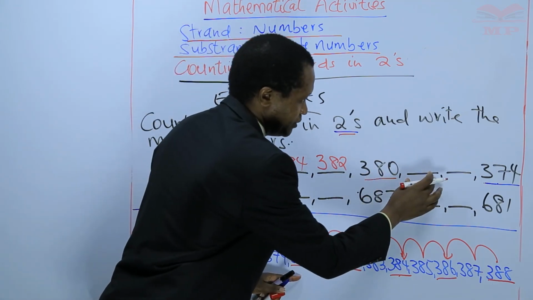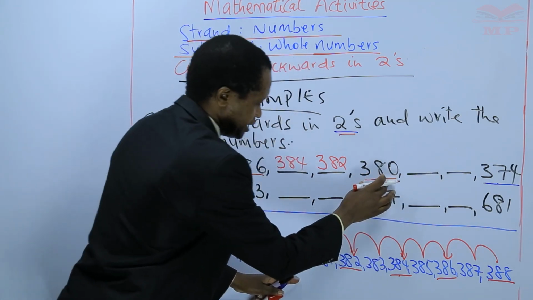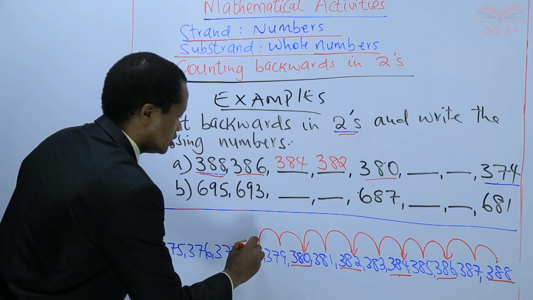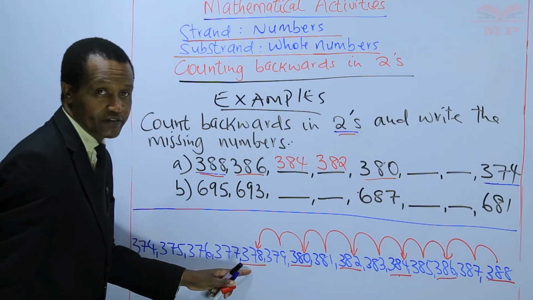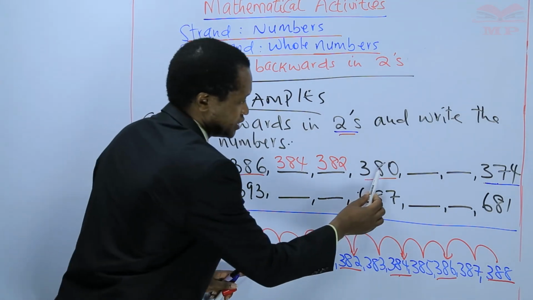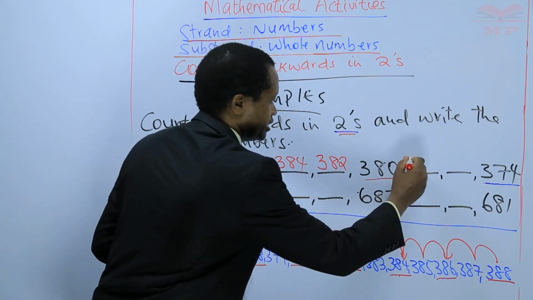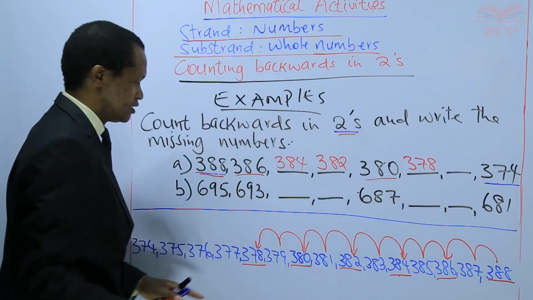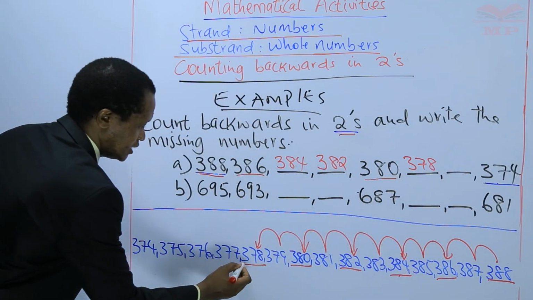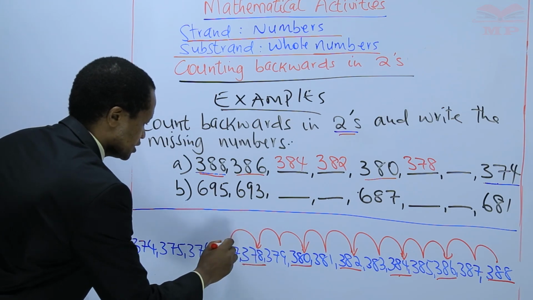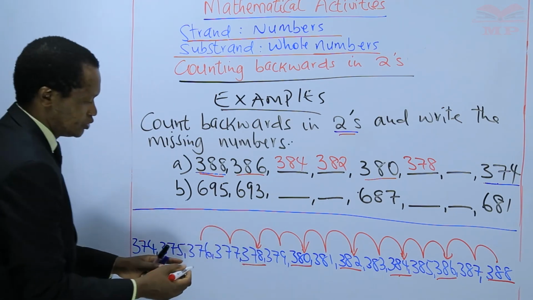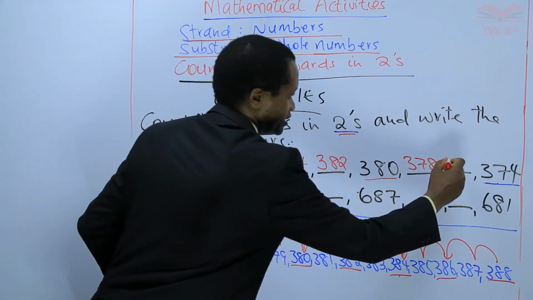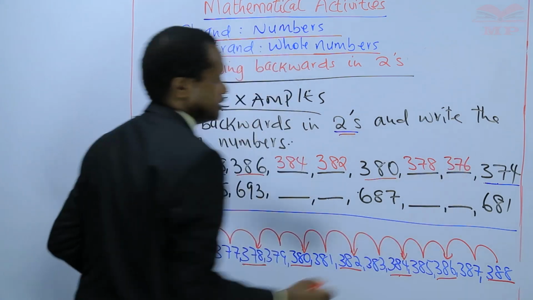From 380 we go back 1, 2, and get 378. Next, from 378 we move 2 steps back and get 376.